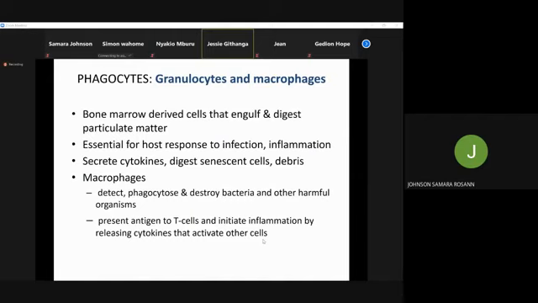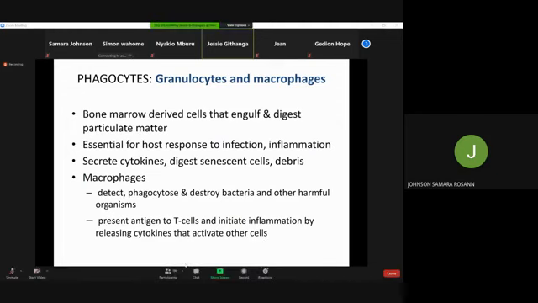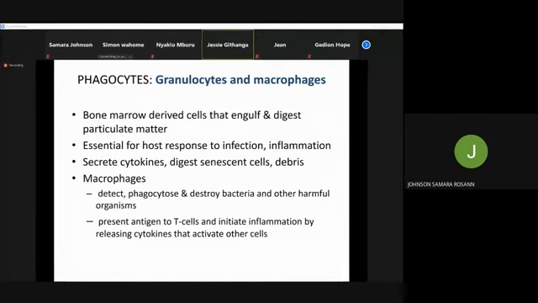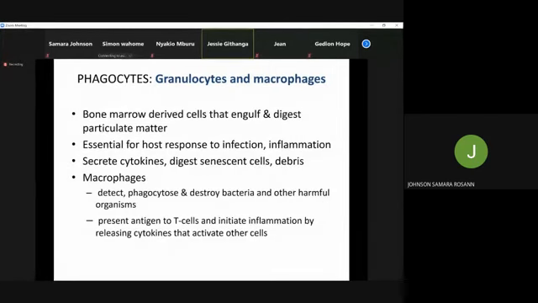And also inflammation. So these cells will secrete and start to call or recruit other similar cells to the site of infection or inflammation. They will also be able to digest senescent or aged cells and cellular debris at the site of infection.